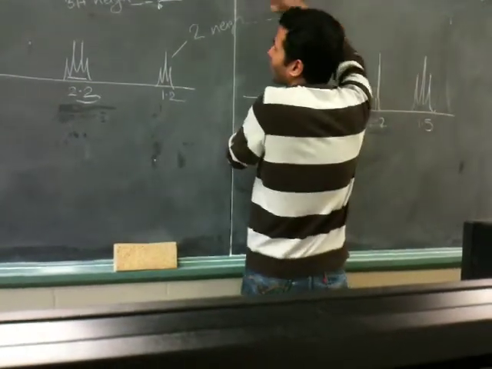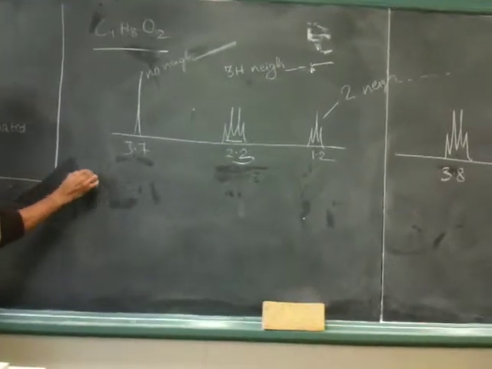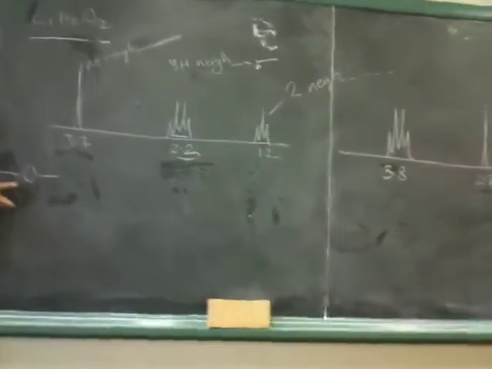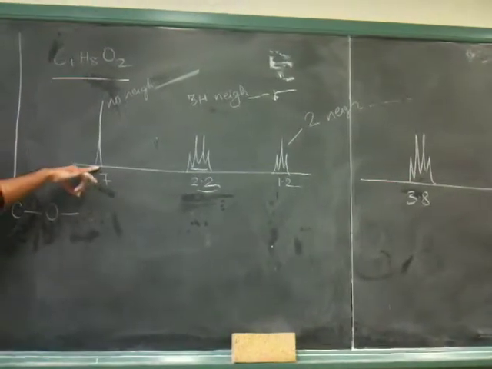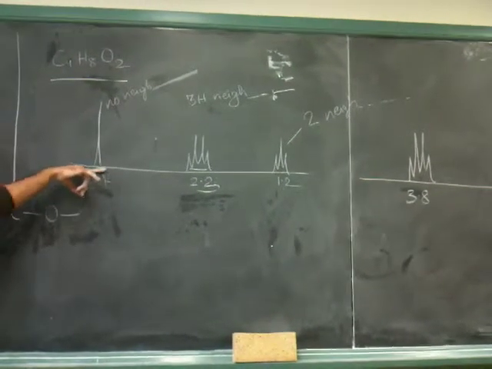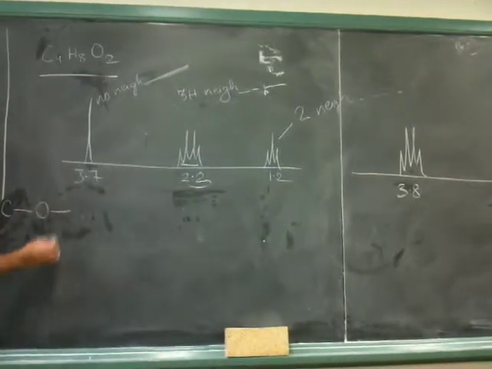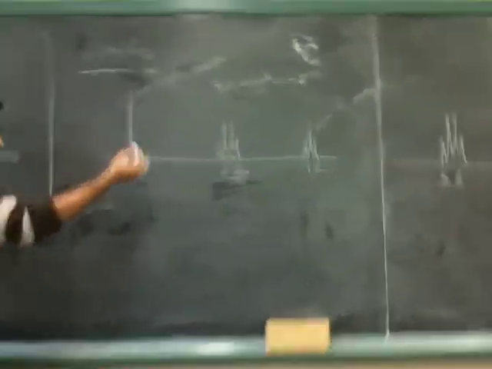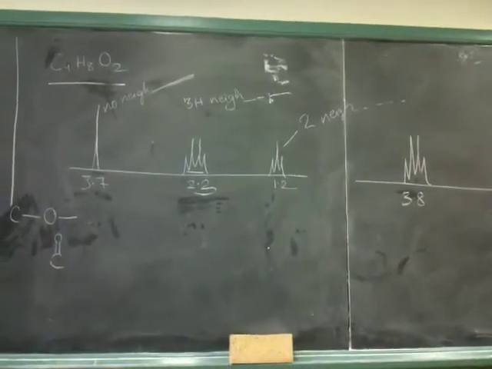And as I said before, one oxygen needs one group, like one carbon will be attached, that will be this one, because it is appearing at 3.7. And from this information, the electron withdrawing group we can come up with is CO only.